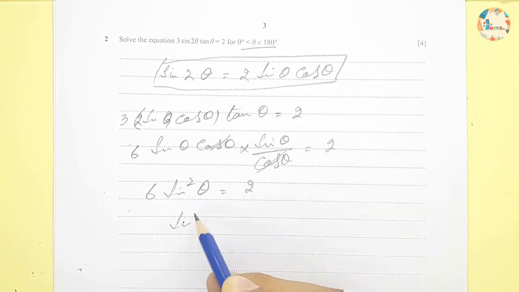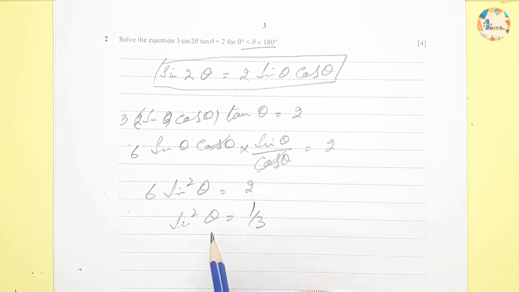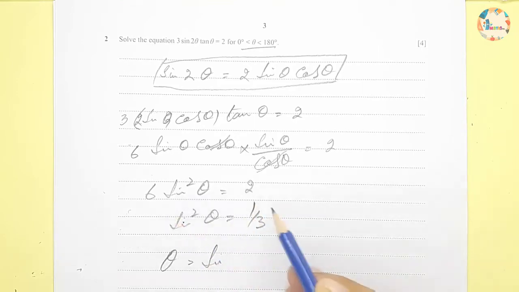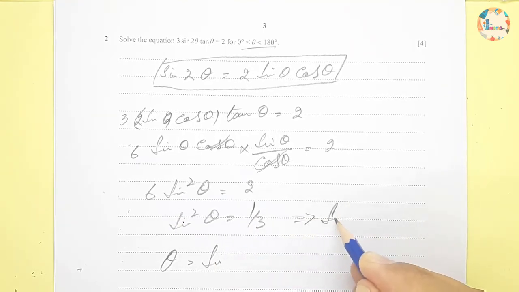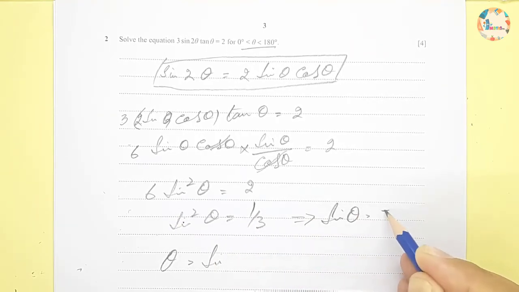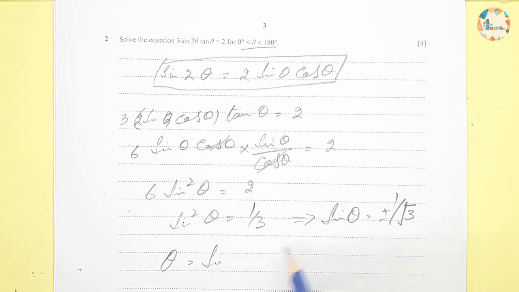So sine square theta will be equal to 1 by 3. Basically we can take a root on both sides, so sine theta is equal to plus minus 1 over under root 3, and now we can write theta is equal to sine inverse plus minus 1 over under root 3.